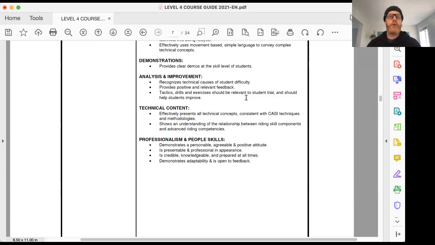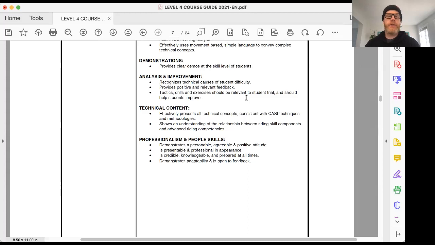So just show that you understand the link between these things. And keep in mind that those advanced riding competencies are just outcomes that we're chasing, to make things simpler for you in your head to organize your lesson and to look for certain outcomes in your students' riding. Beyond that, we're looking for you to take a skill and movement-based approach to improving that in your students' riding.